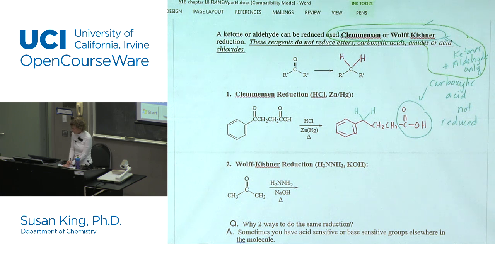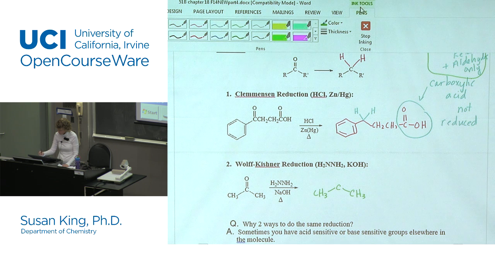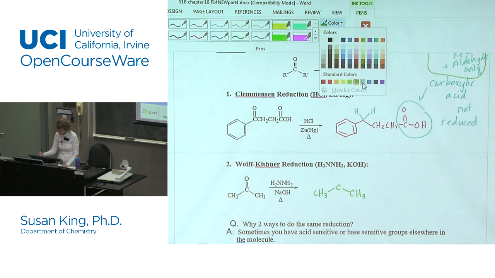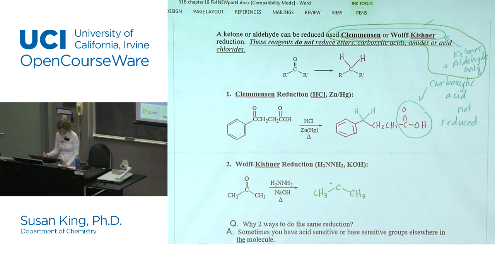Zinc mercury amalgam does that, and Wolff-Kishner does the same thing. That also only works for ketones and aldehydes, not carboxylic acids, not esters, not amides, not acid chlorides.